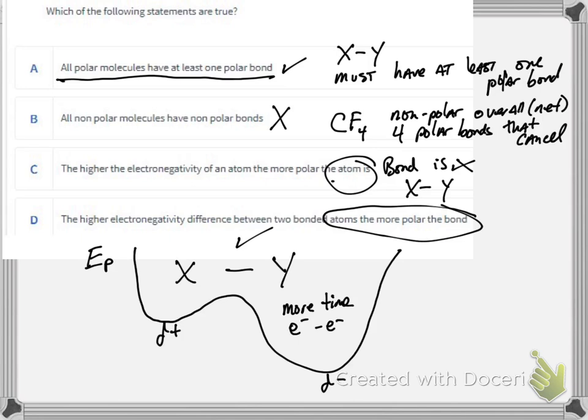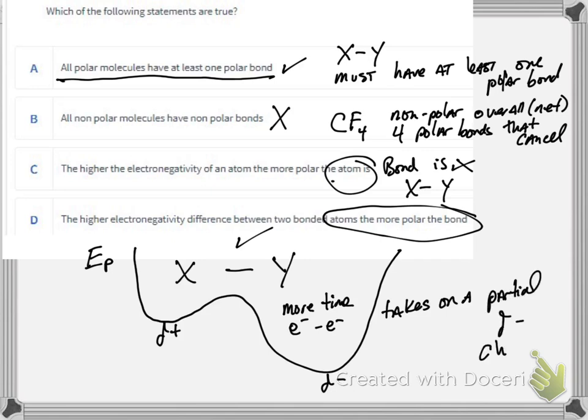By spending more time around it, Y takes on a partial negative charge because it's more stable, with lower potential energy. X is less stable, with higher potential energy. The electrons spend less time around it and it takes on a partial positive charge.